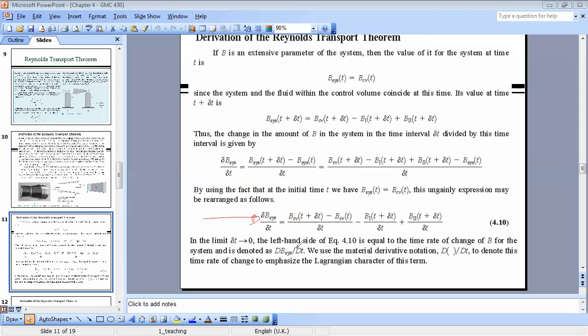We will apply it on mass, on momentum, and on energy. Okay, and you will then get the conservation of mass. You will get the momentum equation, which is equivalent to the second law of Newton for a fluid. You will obtain the energy equation for a fluid.